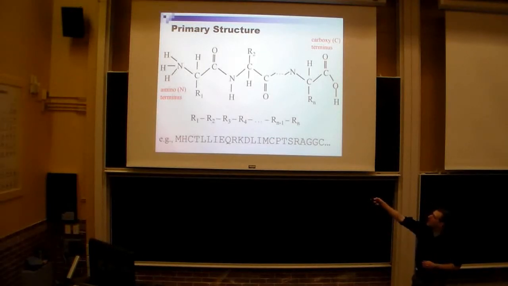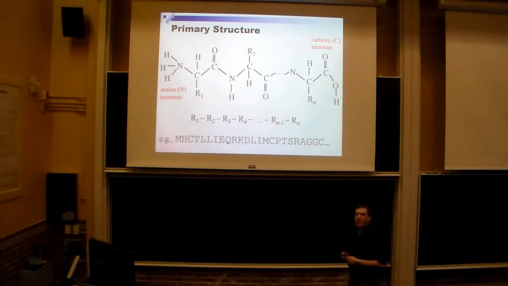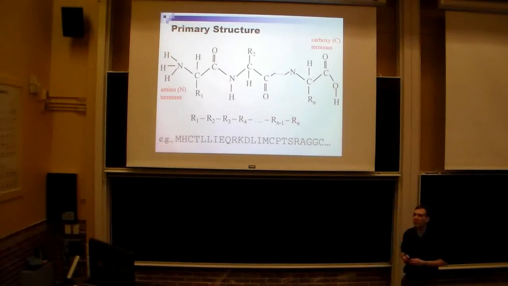And hanging off of each of these alpha carbons, we will have a side chain, and you should all be familiar by now with the fact that there are 20 standard amino acids, each distinguished by its own side chain, and commonly when we refer to the primary structure of the sequence, what we're really referring to are these residues, basically the sequence of side chains for these proteins. We've all seen by now the 20-letter alphabet for this.